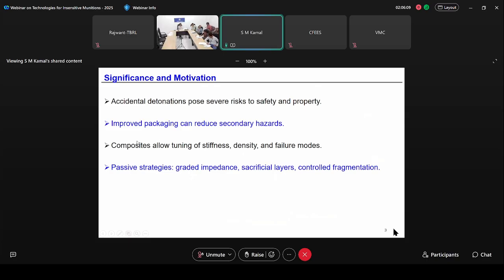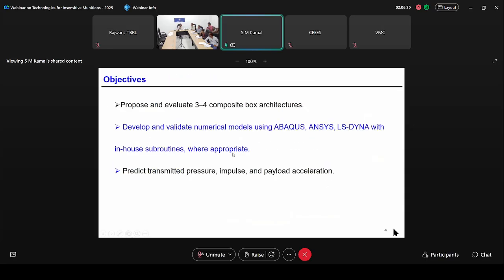So here the role of composites comes in. Composites provide us flexibility. They allow us to tune stiffness, density, and failure modes. And then we're also going to integrate passive design strategies such as graded impedance, sacrificial layers, and even controlled fragmentation.